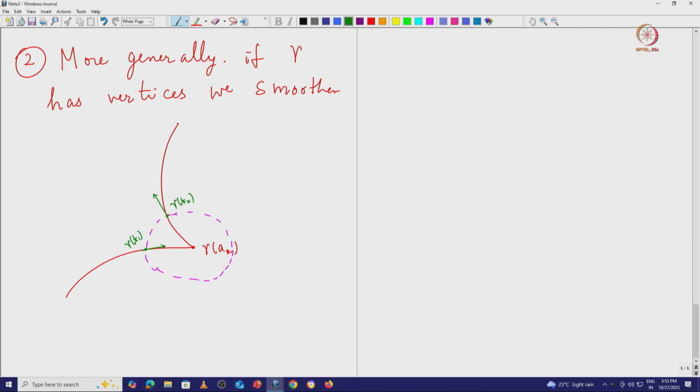So the idea is to connect the portion of the curve between these two by a smooth curve with the same tangent vectors at gamma of T1. So you are basically smoothing out this curve, and one can choose this neighborhood small enough.